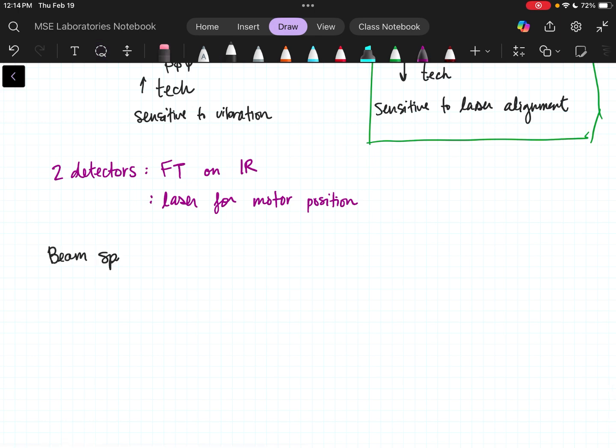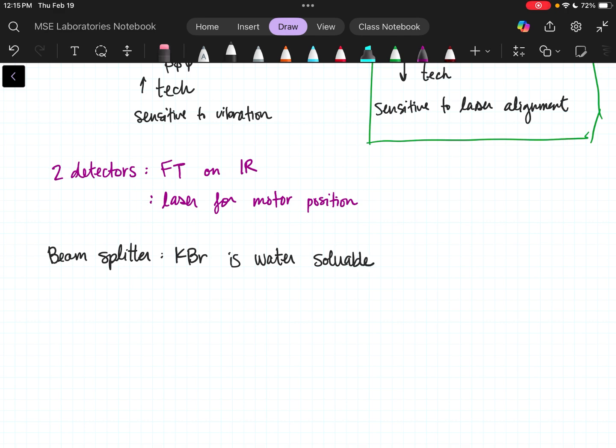There's one other little consideration on here. Oh, here it is. I mentioned that this beam splitter is made out of KBr. That's potassium bromide. KBr is a salt. And when we push the salt really hard together, it creates this nice little solid thing.